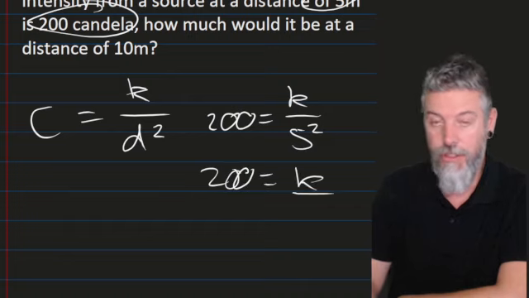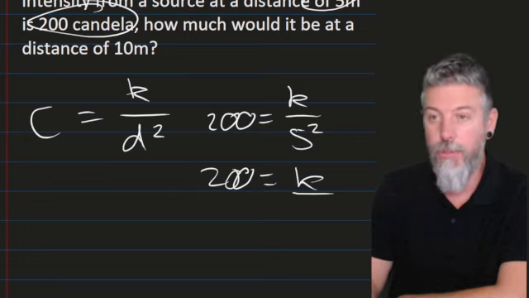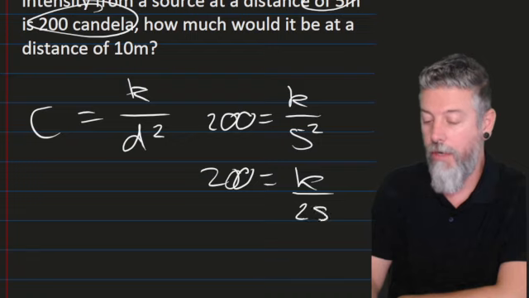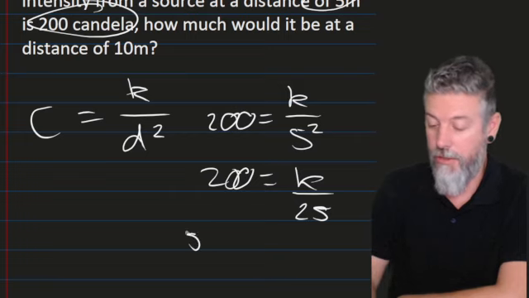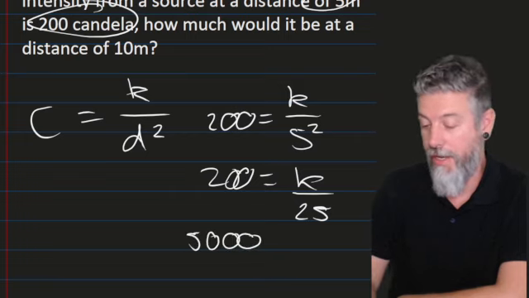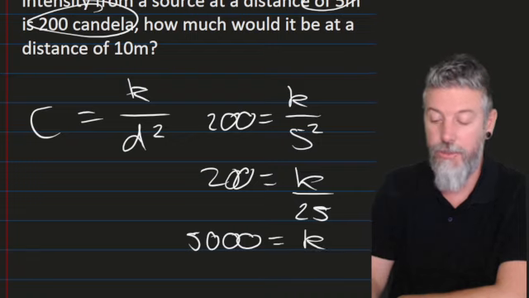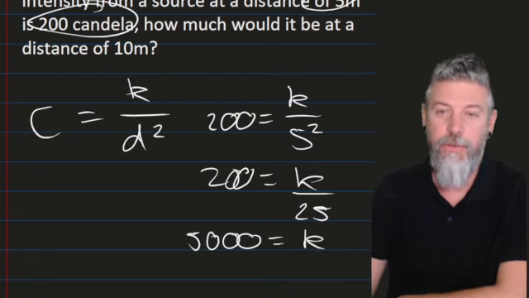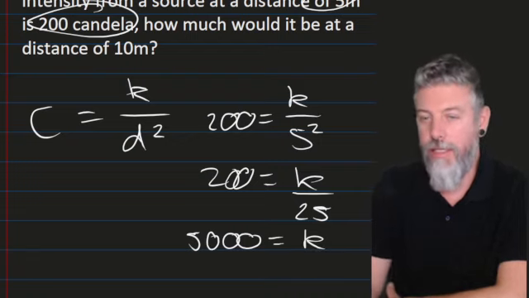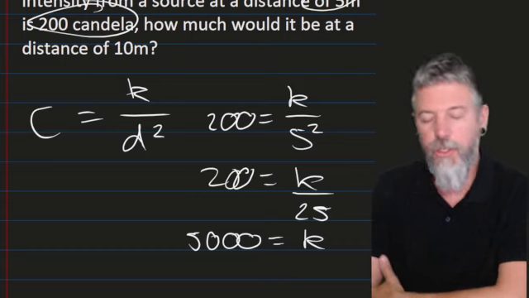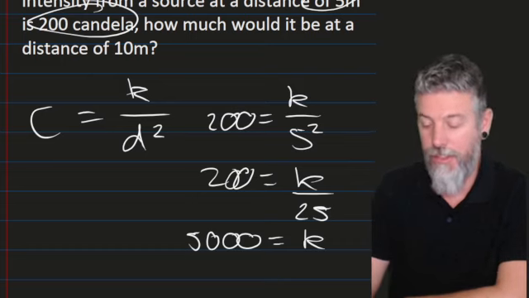k is just that constant that multiplies the direct variation or inverse variation. So now we multiply both sides by 25, and 25 lots of 200 is 5,000, which equals k. So we want to find k first, and then we want to find the other case that we're given. You could think of this as like an initial condition, but it's not initial because distance isn't 0.